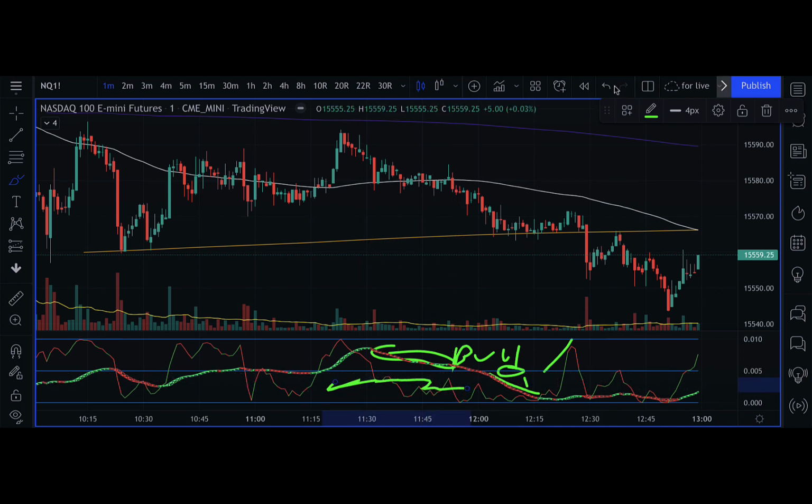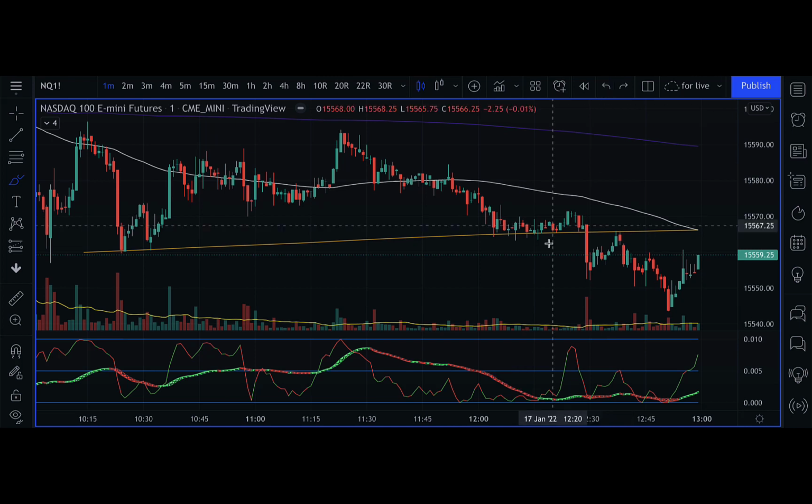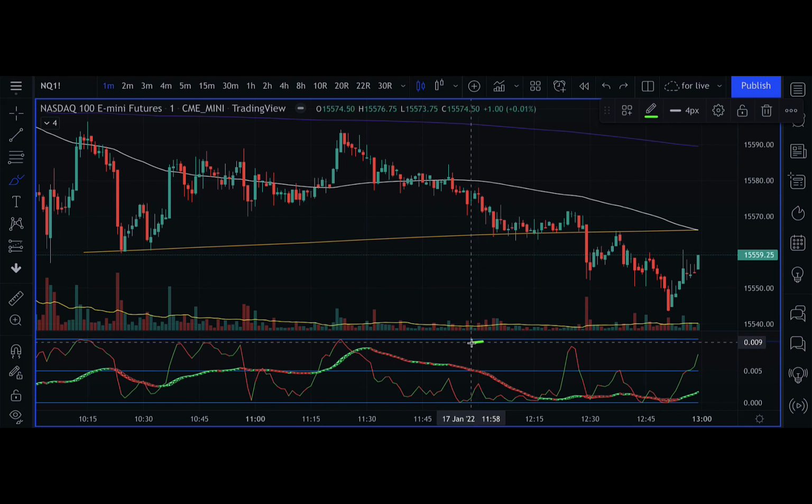I don't necessarily care about the candle color here. I don't care if it's red or if it's green. If it's in the bulls territory, then I'm looking long. The higher these candles are to the top, if they're just glued to the top here, it doesn't matter when they turn red or green.